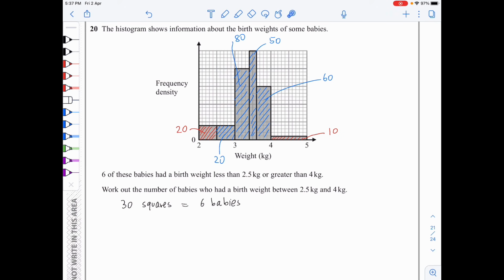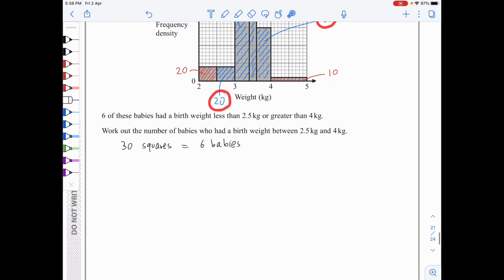So all of the area I'm trying to calculate consists of 20 plus 80, 100, plus 50, 150, plus 60, 210 squares. And we wish to determine how many babies these 210 squares represent.